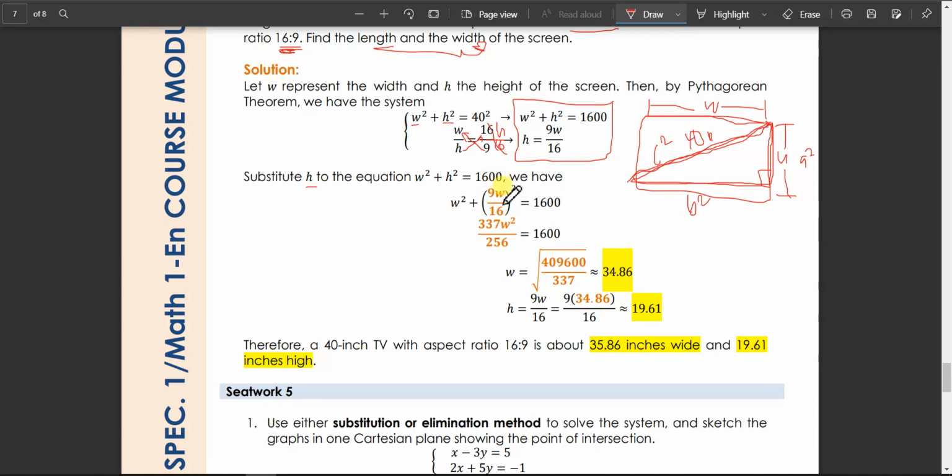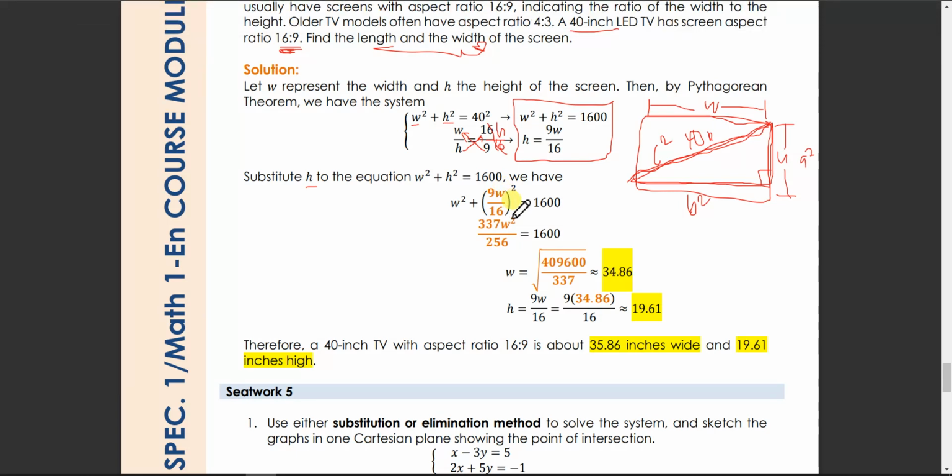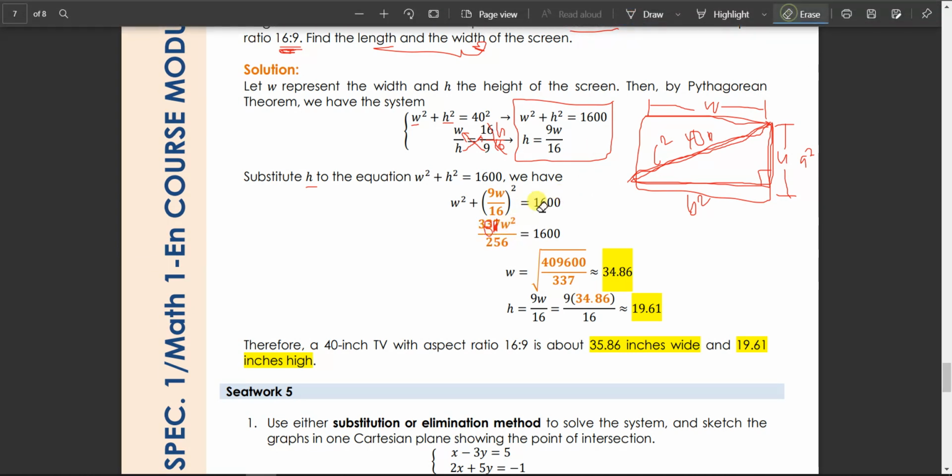So 9 squared is equal to 81. Then 16 squared is equal to 256. So we have 81 w squared over 256.